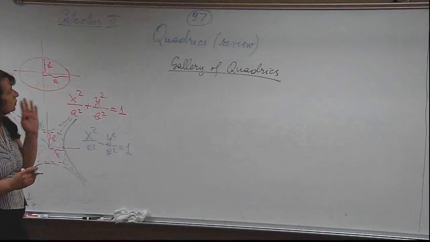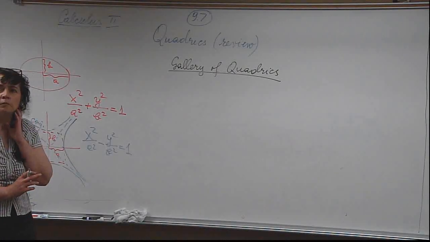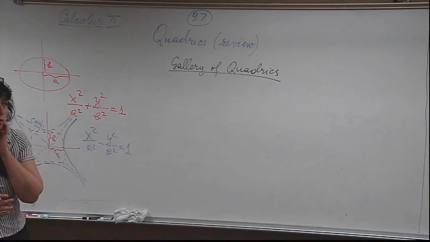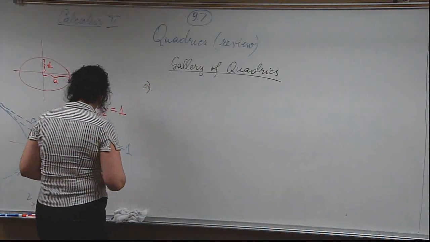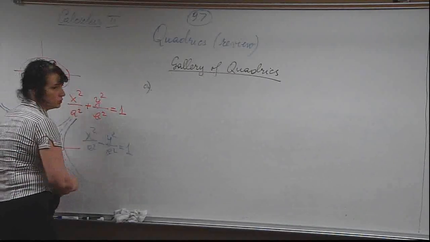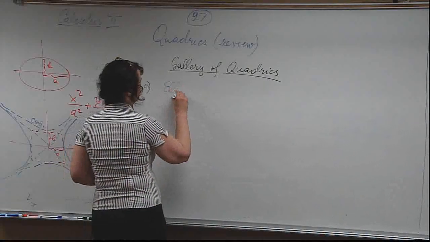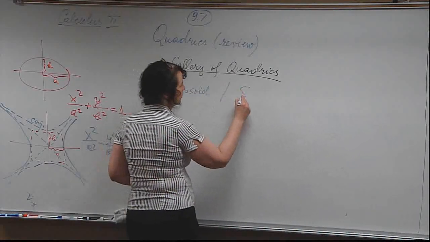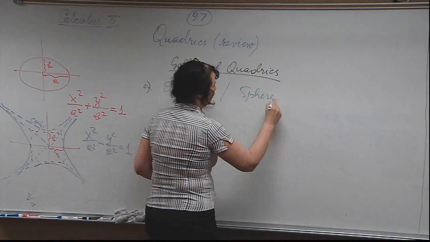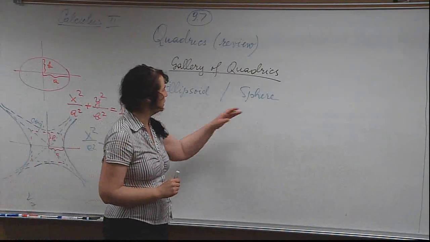I don't know in which order to present them to you, but how about I present them in the order that they were most frequently used, starting with the ellipsoid and respectively a sphere. Depends if you like football, American football or soccer.